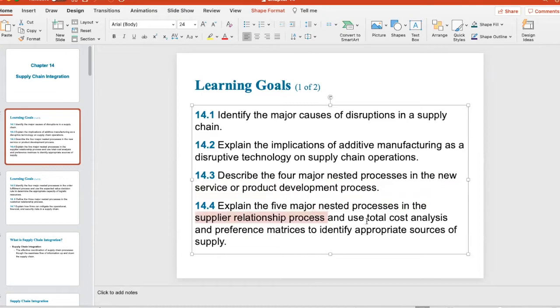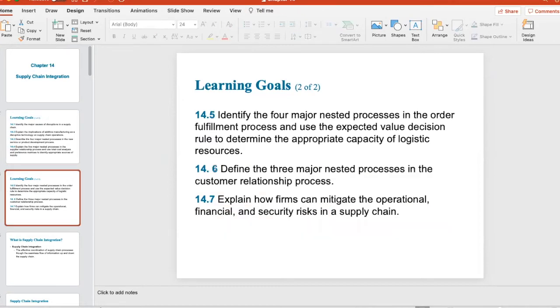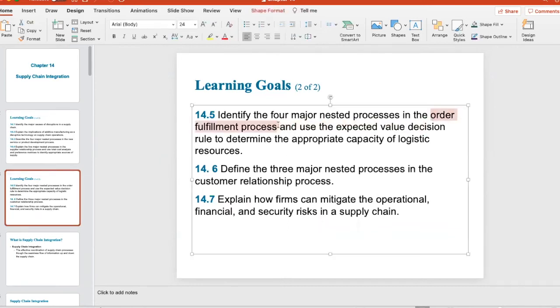Of course, we will also introduce some quantitative methods to help us reach an acceptable level in this whole process. Then we will move to the order fulfillment process. This is another very important nested process within the integrated supply chain process, and we will also introduce some specific rules within it.